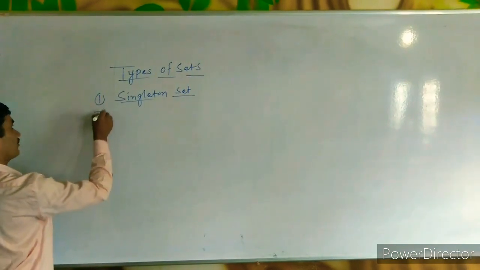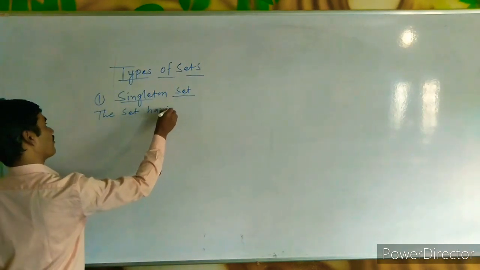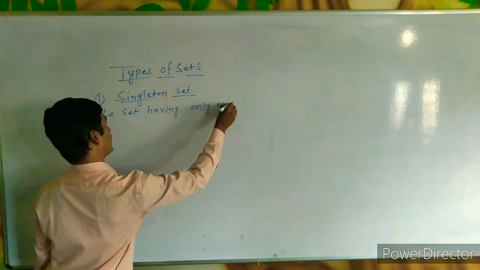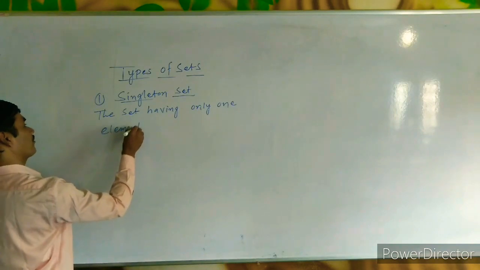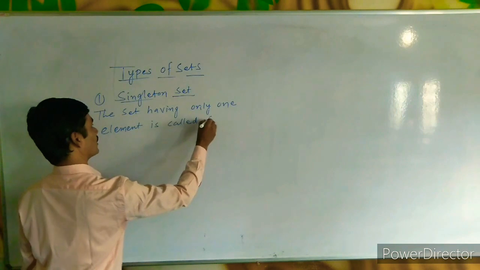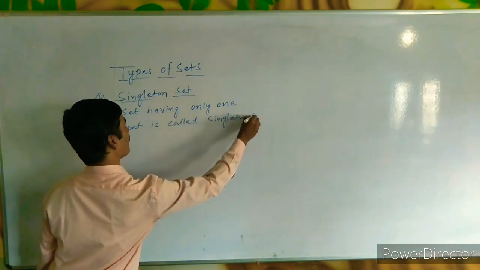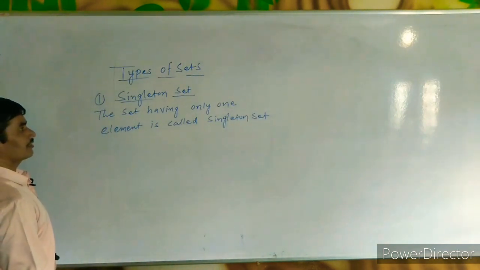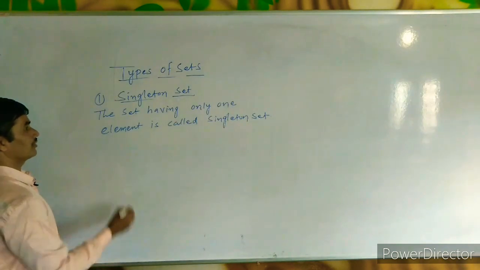The set having only one element is called singleton set. Or the set consisting only one element is called singleton set.